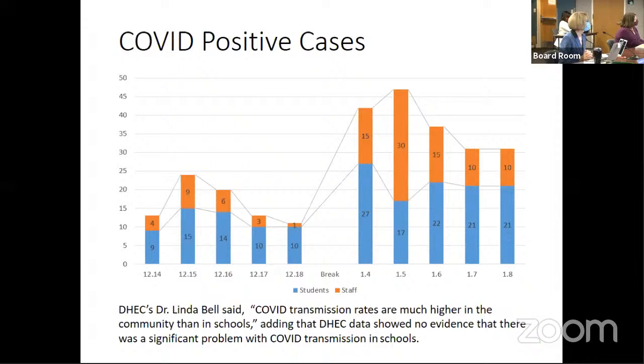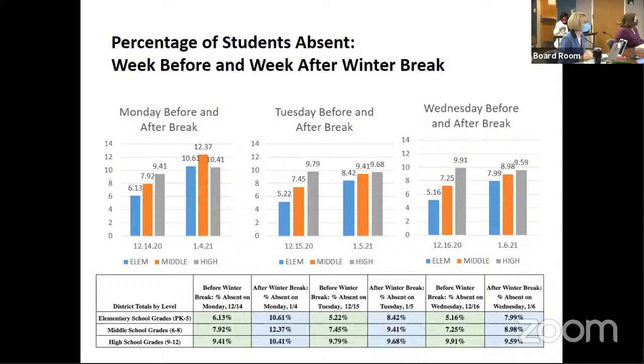So the next slide gives you an idea of what student attendance looked like the week before winter break and the week after winter break. If we look at the first set of graphs, that's the Monday before and after winter break. So if we look at the elementary on December 14th, we had about 6% of students absent.